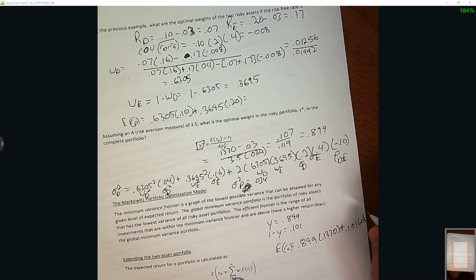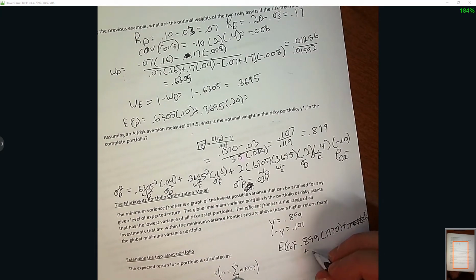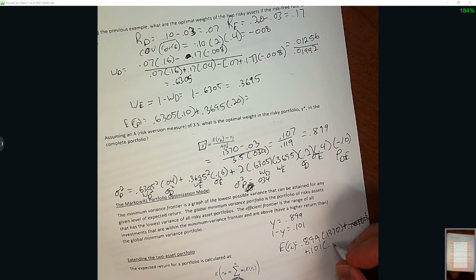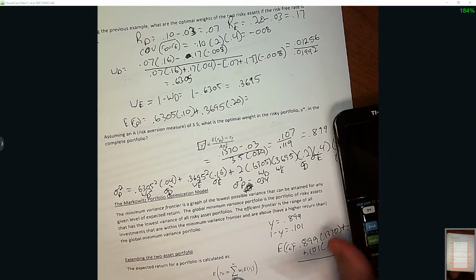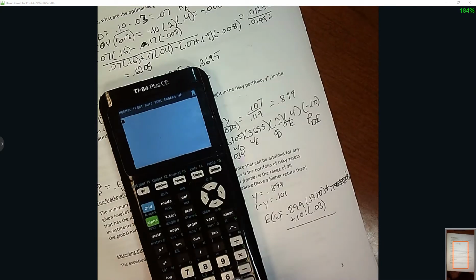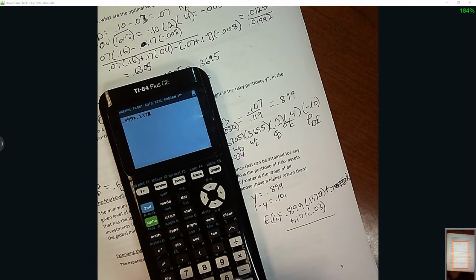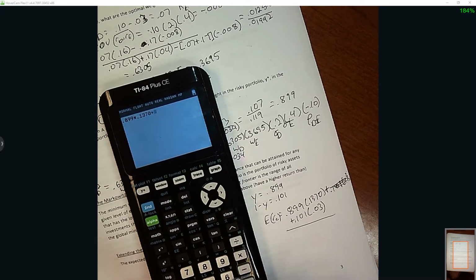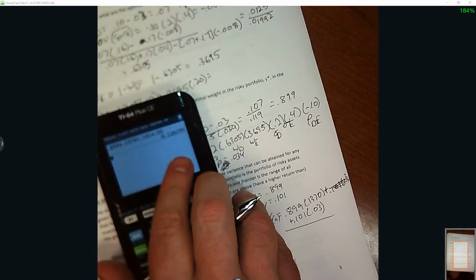I apologize, I'm going off the page here. Let me write it down here. Plus 0.101 multiplied by 0.03. So 0.899 multiplied by 0.1370 plus 0.101 multiplied by 0.03. So our return for our portfolio is going to be 12.62%.